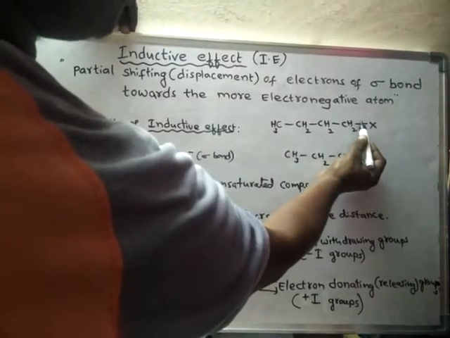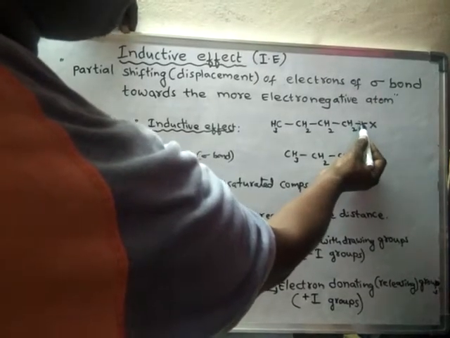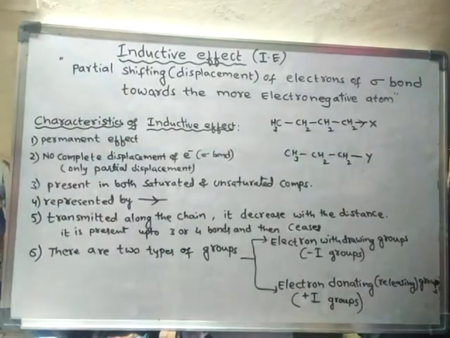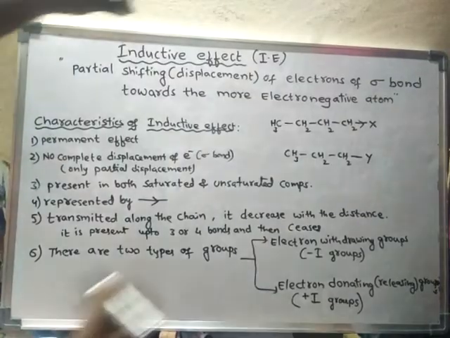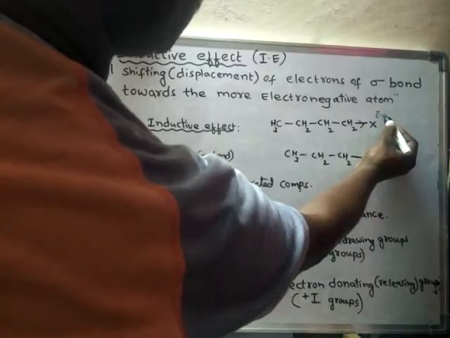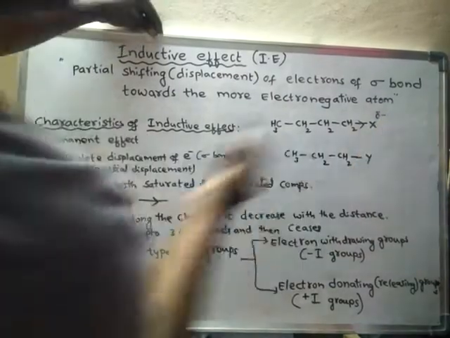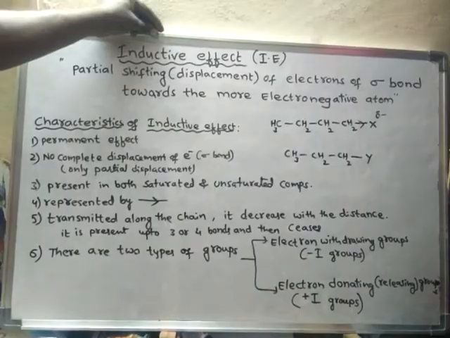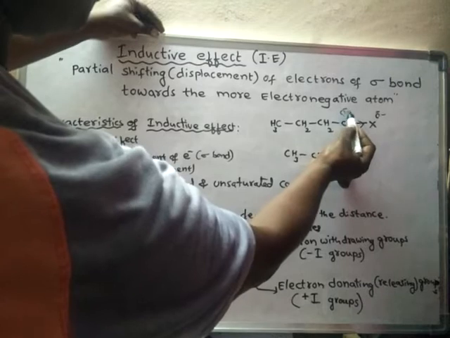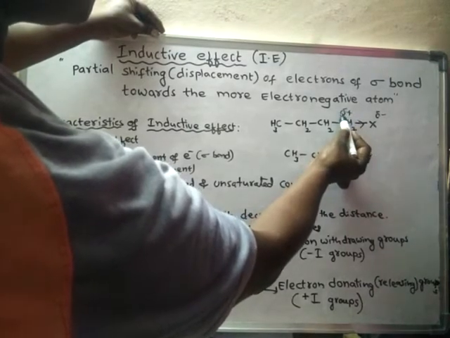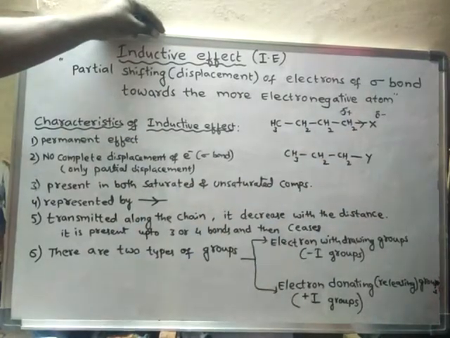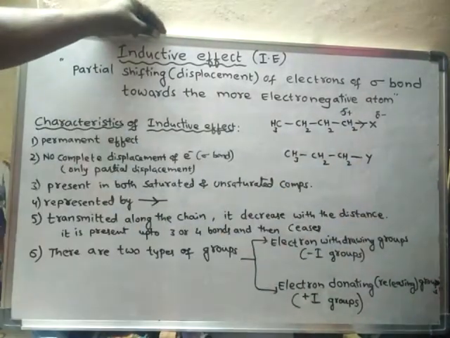So the electron pair of the sigma bond will partially shift towards that more electronegative atom. As a result, the more electronegative atom develops a partial negative charge, and here the carbon gets a partial positive charge.